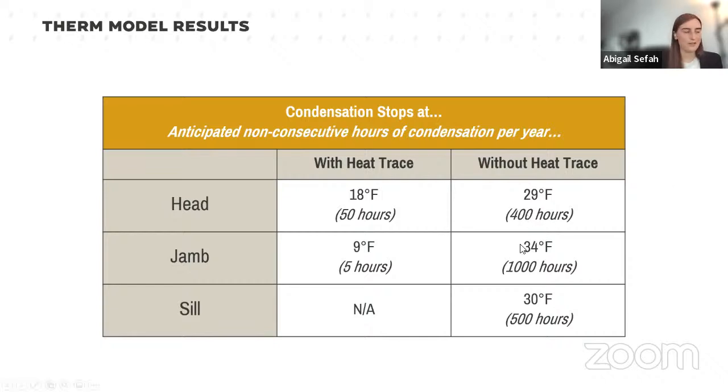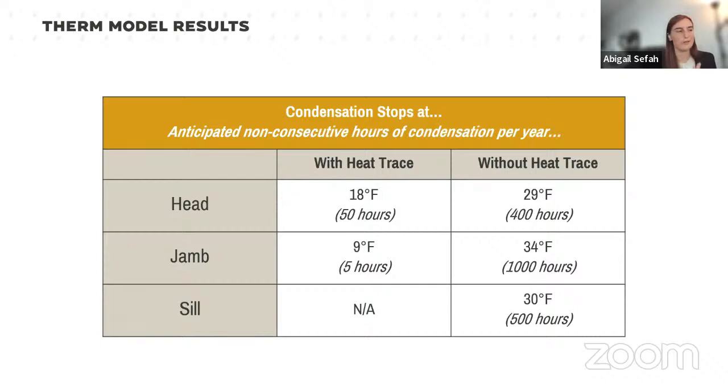Without heat trace, we have an expectation for condensation for a significant number of hours each year, especially at the jambs. But when we add the heat trace, we reduce that to almost zero. And this is a question that comes back to the client and the architect about whether condensation is acceptable at this location, whether it will damage interior finishes, or whether it's okay if it's just condensing and then drying out.